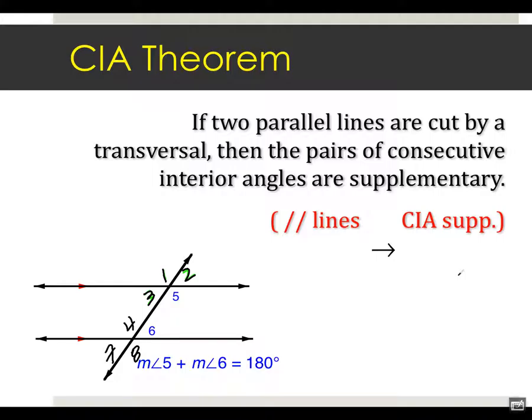Parallel lines implies alternate interior angles are congruent. 3 is congruent to 6. 3 and 5 are supplementary. You put 6 in for 3, and sure enough, 5 and 6 are also supplementary. Thank you, Tom. Nice job.